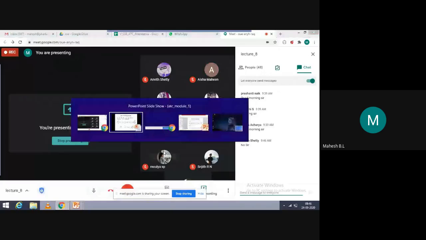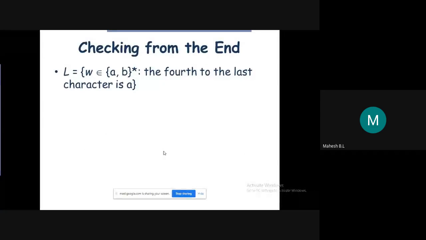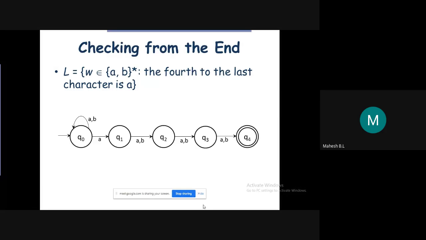We'll move on to the next one, checking from the end. The fourth to the last character is a. So from the end, the fourth character must be a.